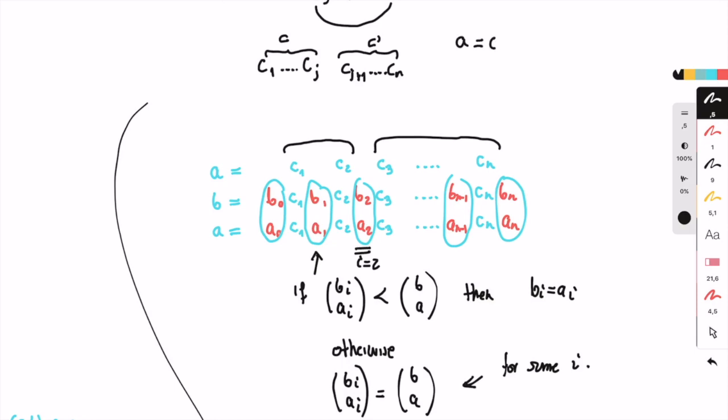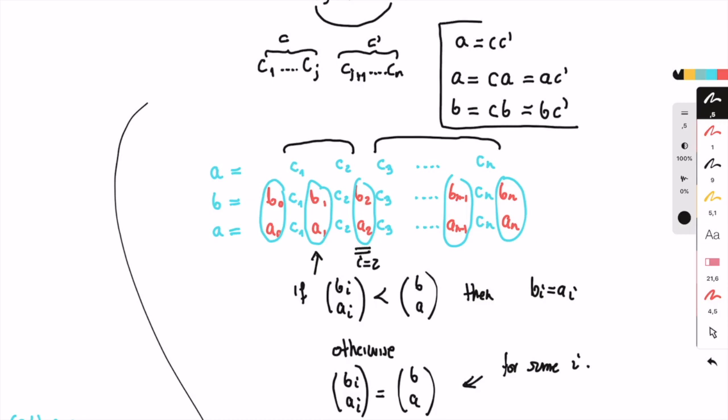A is equal to CC prime, and furthermore, A is equal to AC, and B is equal to BC is equal to AC prime is equal to BC prime. So we have these conclusions.